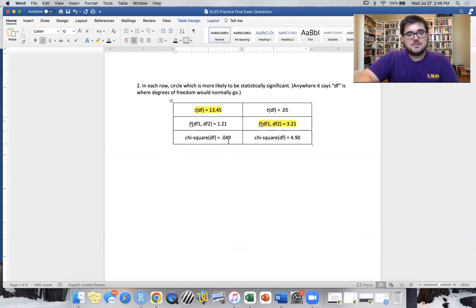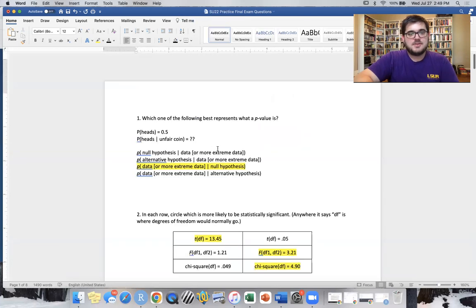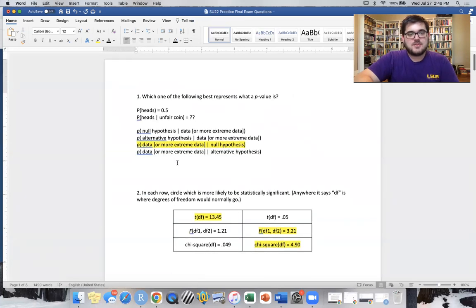The test statistic represents how far our data have gotten from where you'd expect it to be if the null hypothesis were true. So we are actually more likely to reject the null hypothesis when the test statistic is higher. In this case, 4.90 is a lot higher than 0.049, so that would be the one that's more likely to be statistically significant. See how this is all connected, but you need to make sure you've straightened everything out.